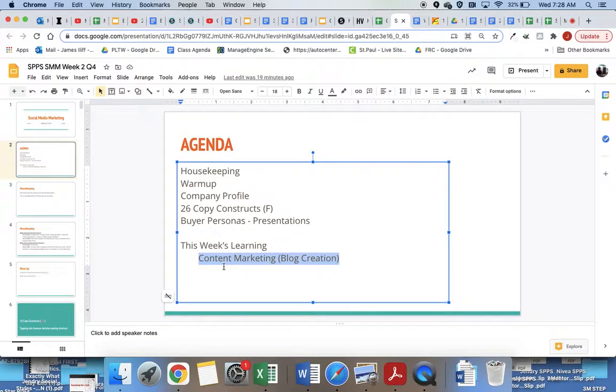So writing blogs, writing papers, writing ad scripts, etc. We're going to be utilizing the format of a blog in this project. So you guys are going to be creating a blog. It's an extremely powerful marketing tool that we use, and I'll show you more right now.